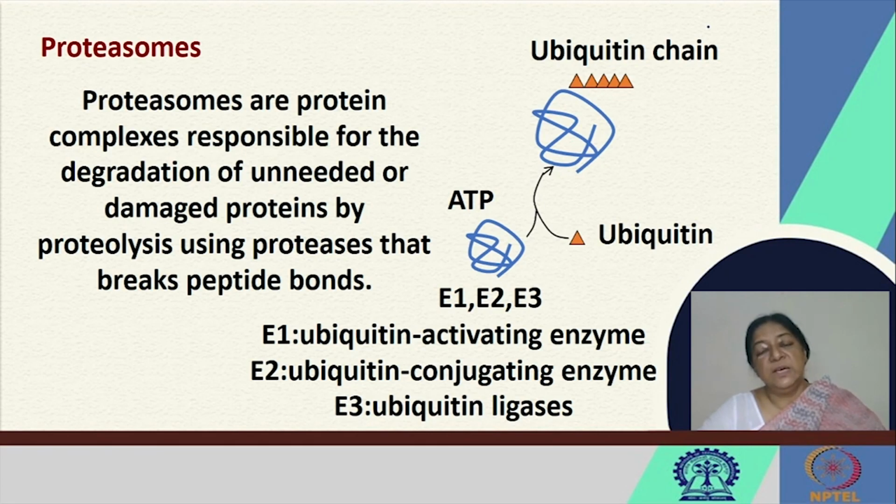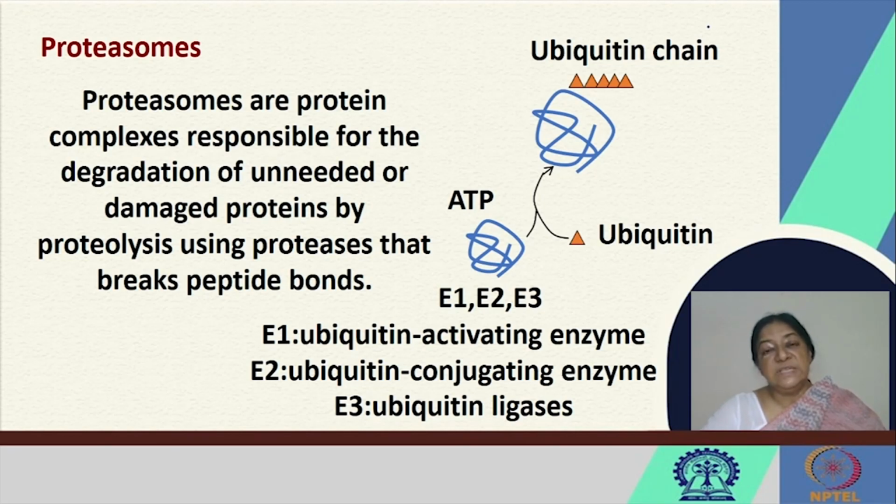In this case, a ubiquitin molecule is linked to the polypeptide chain that has folded incorrectly, and there are specific enzymes involved in this process. There is a ubiquitin activating enzyme, a ubiquitin conjugating enzyme, and a ubiquitin ligase, which is going to link this to the protein chain.